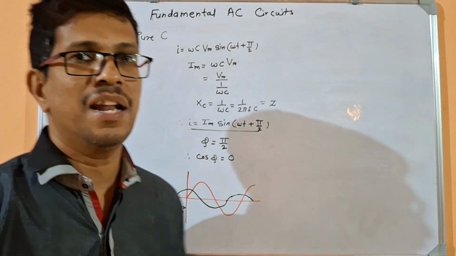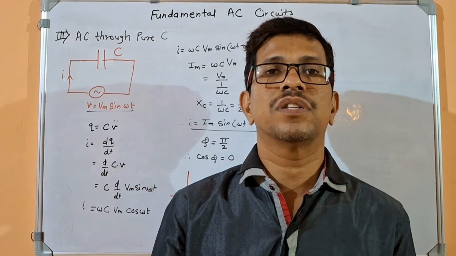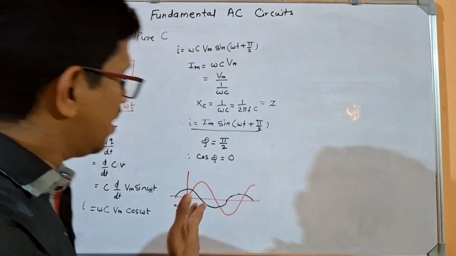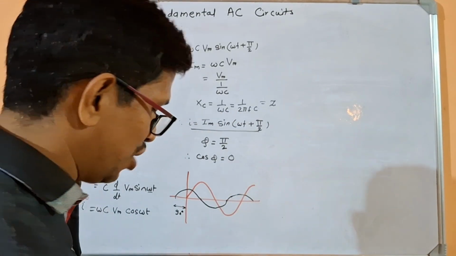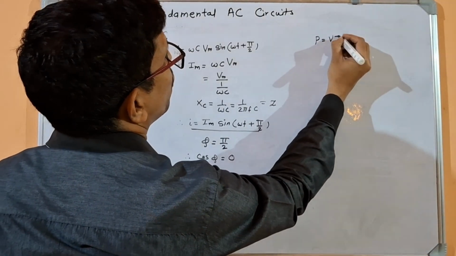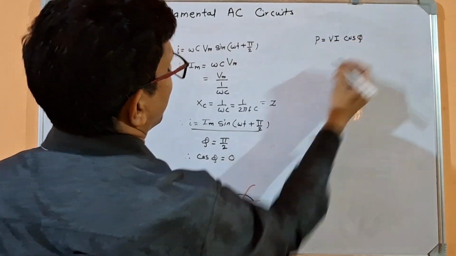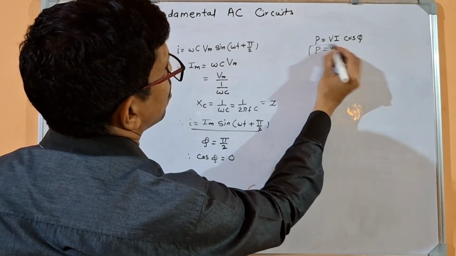Again here I can prove that the power consumed by a pure capacitive circuit is 0, graphically as well as by using the equation. So first I write P equals VI cos phi. As my cos phi is 0, my total power is 0.